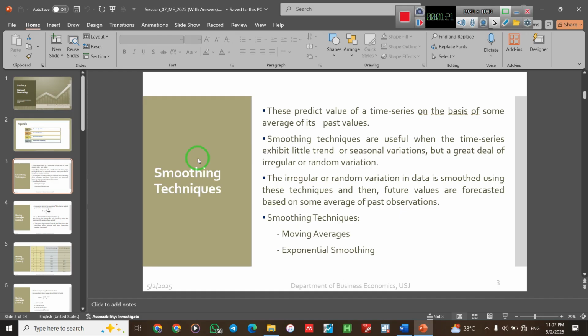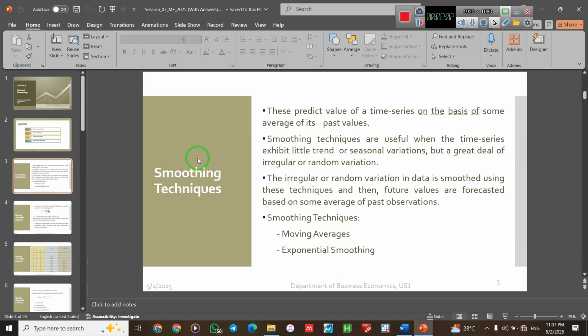But in those last 12-month data, there can be some seasonal variations or irregular observations. That means in the last 12 months there are some months which have higher sales, or sometimes lower sales. For instance, if a company has a labor strike going on, the sales go down in that month. On the other hand, at the year end, in December or April, the sales of a clothing company can go up.